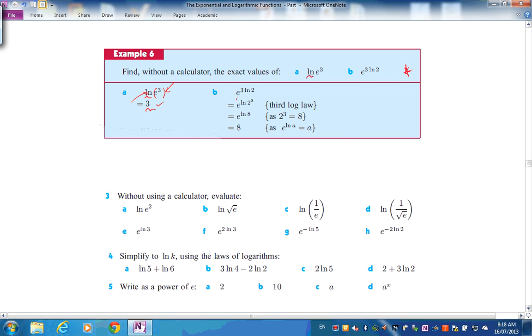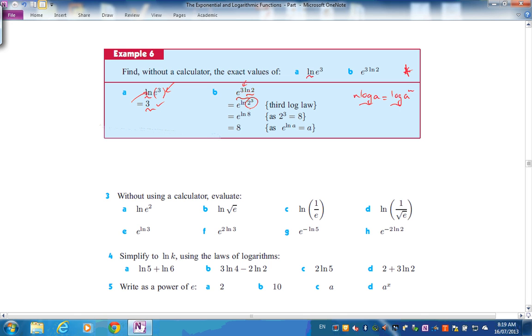So let's have a look at this. e to the 3 ln 2. Oh, I've multiplied a log by another number, so that's a log of a power. Alright, so remember the rule there. If I have n times the log of a, it's the log of a to the n. And I can do it in ln or log land there. Okay, so we're going in reverse there.